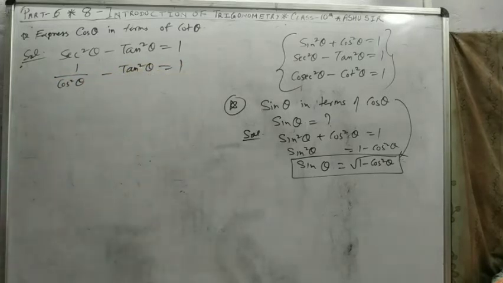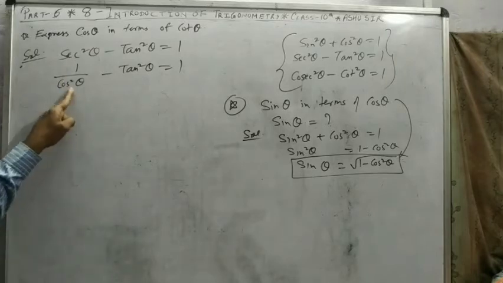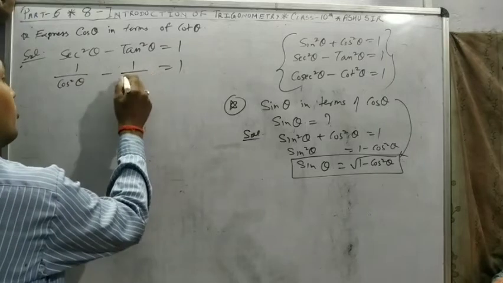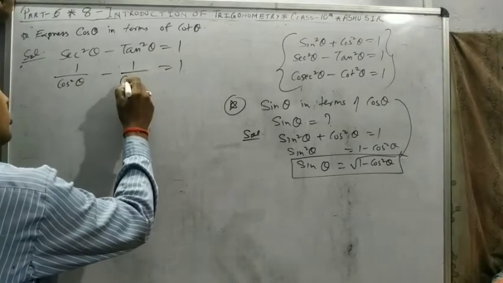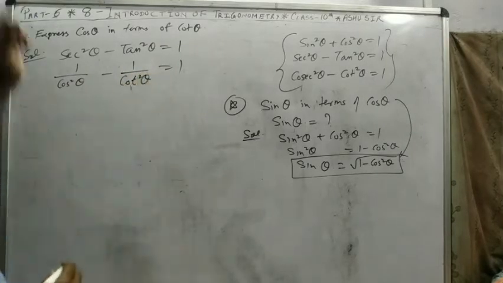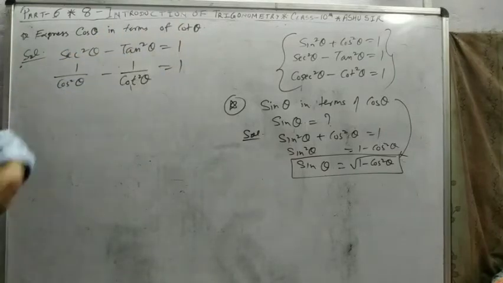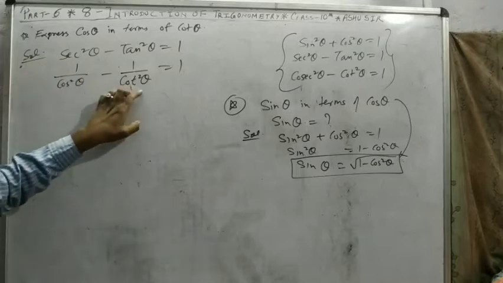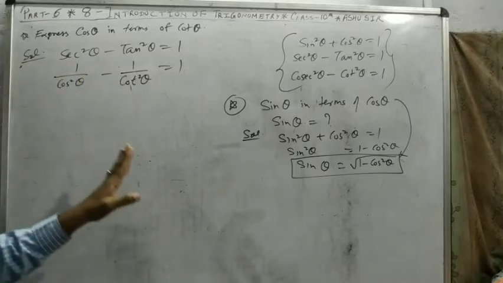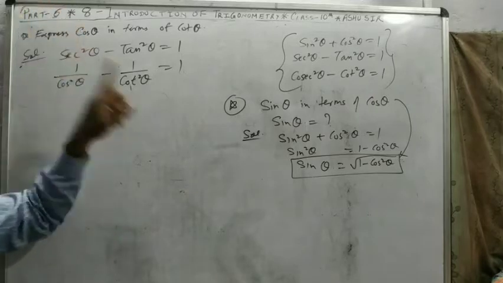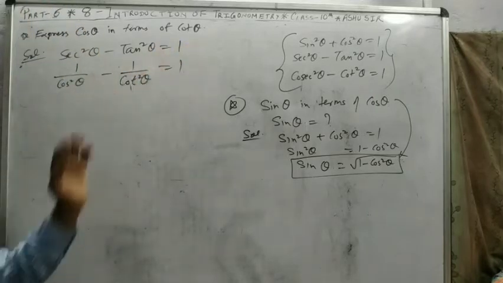So you get sec, cos, and tan square theta is 1 upon cot square theta. We want cos in terms of cot. Means only we simplify them here, because we get the relation between cos and cot.